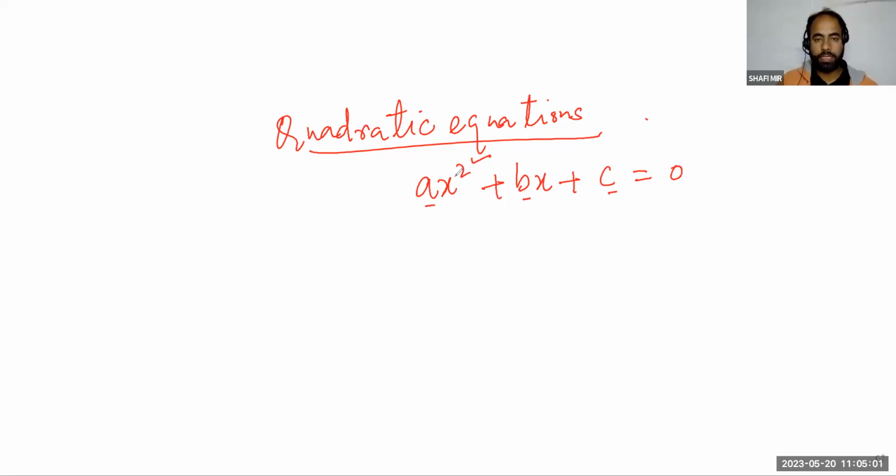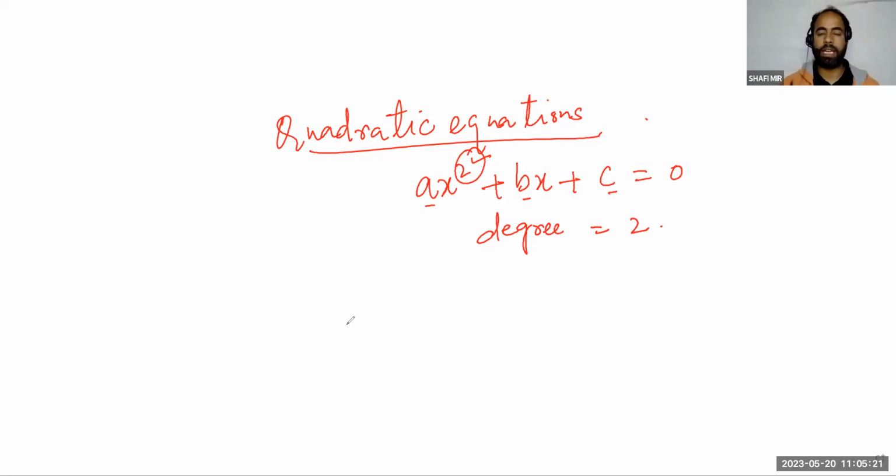So x itself is a variable. It's unknown. We don't know its value. But this 2 is called the degree of the equation. Here the degree is 2. So a quadratic has two roots, two solutions.